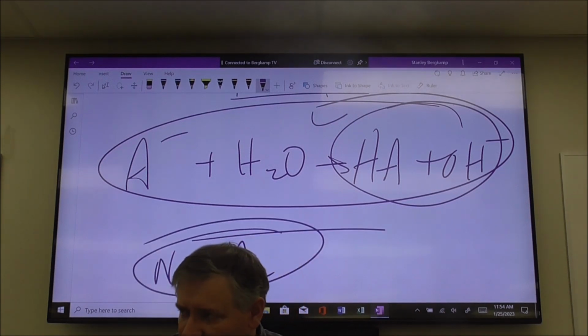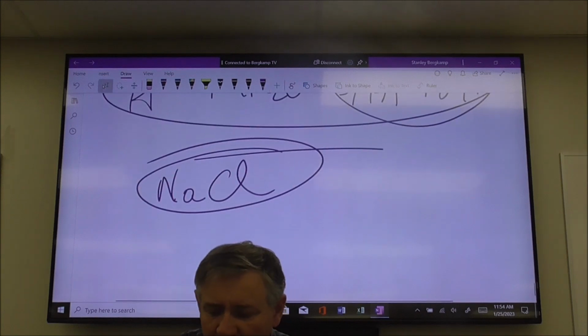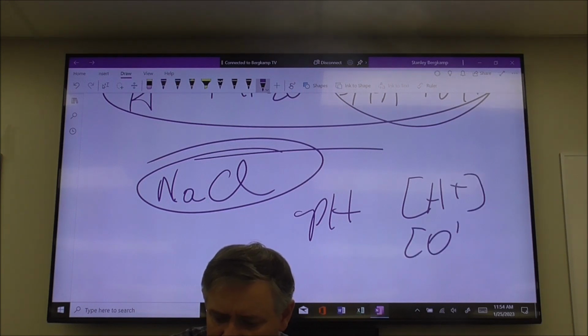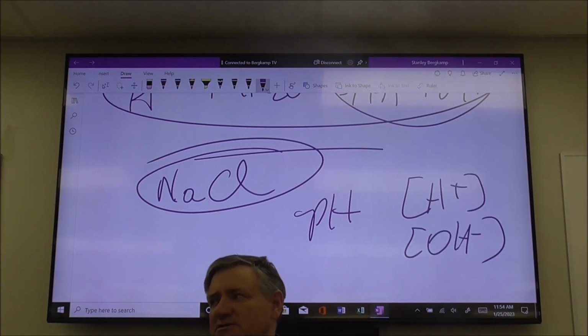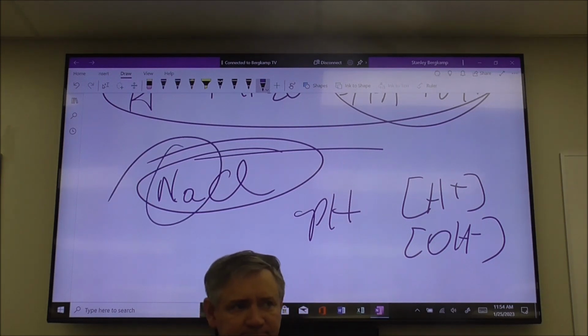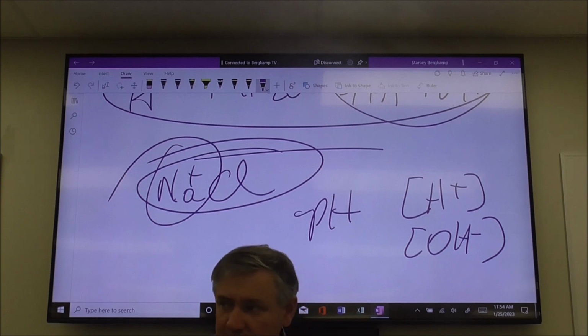I dissolve salt in water. The only way that you can alter the pH is if you change either the concentration of the hydronium ions or if you change the concentration of the hydroxide ions. Is sodium, and that's a cation, Na+, it's lost its electron.